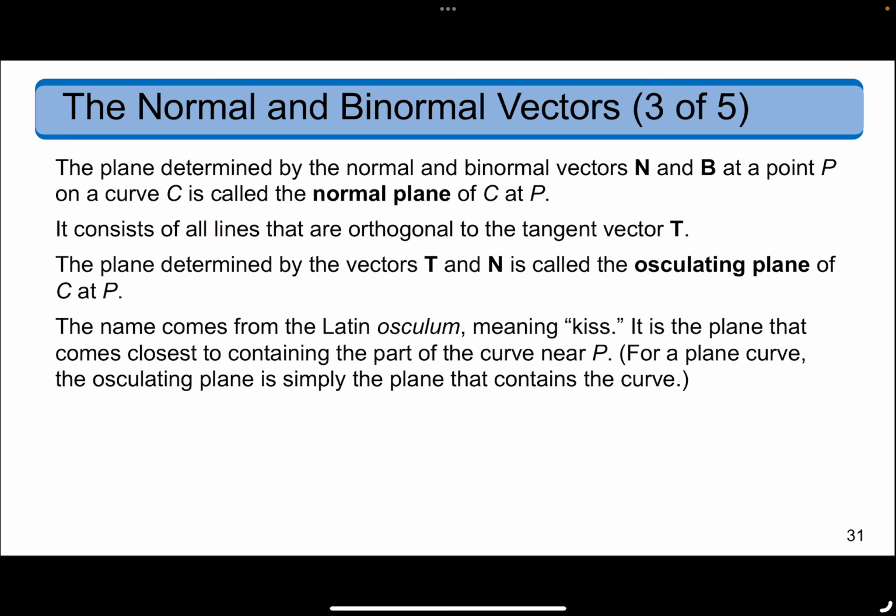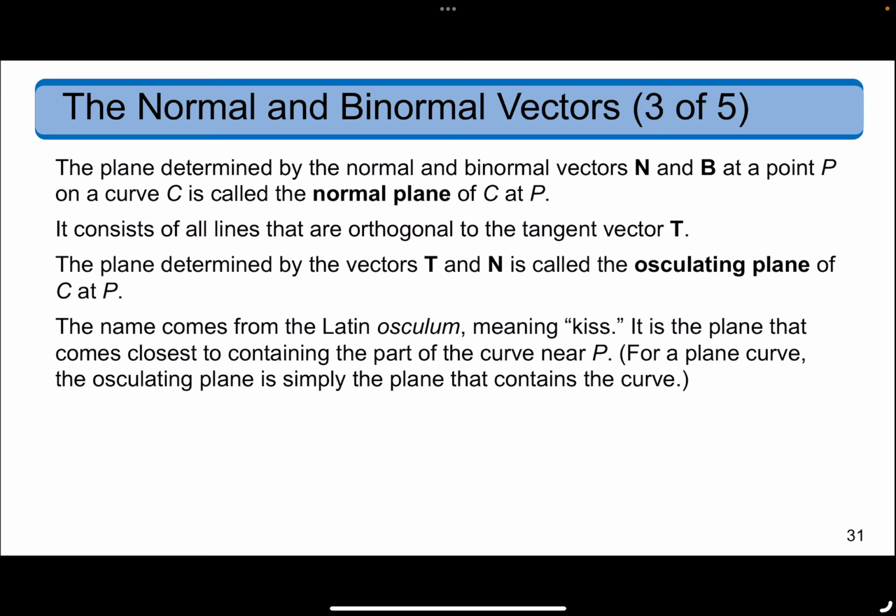The plane determined by the normal and binormal vectors N and B at the point P on the curve is called the normal plane of C at P. It consists of all lines that are orthogonal to the tangent vector T. The plane determined by the vectors T and N is called the osculating plane of C at P. The name comes from the Latin osculum, meaning kiss.